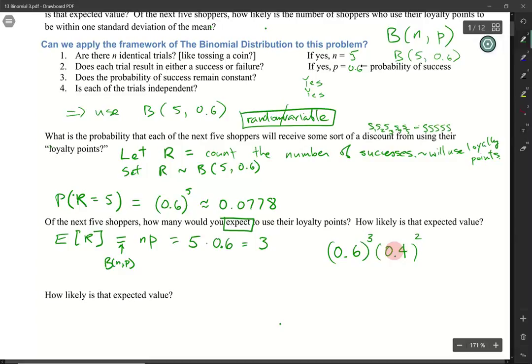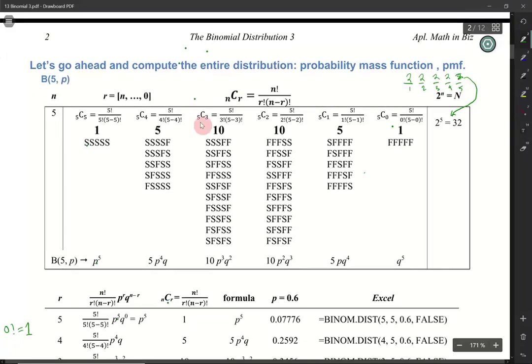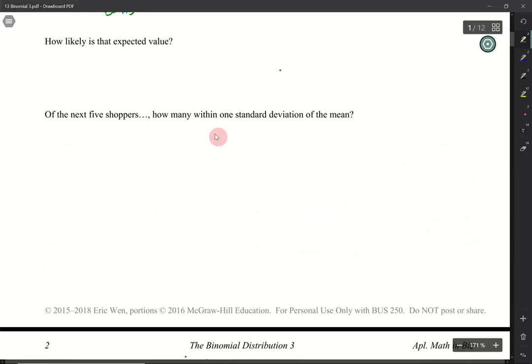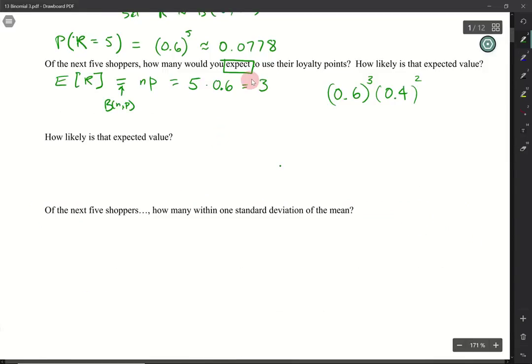Okay. And so if you think ahead, knowing what we know now, we're really in this case where there's 3 successes and 2 failures, and it doesn't matter what order they're in, because we want to know of the next 5, what's the probability that 3 of them use their loyalty points.